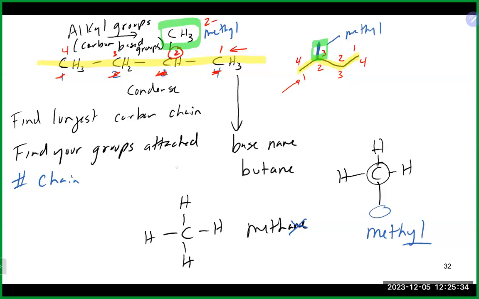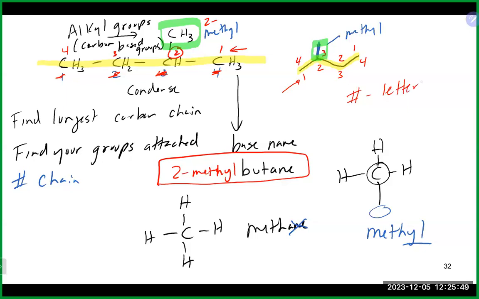And then we just put it all together at this point. That is 2-methylbutane would be what we drew here. And when we go to name something, anytime there is a number to letter transition, or a letter to a number, you put a dash between the two.